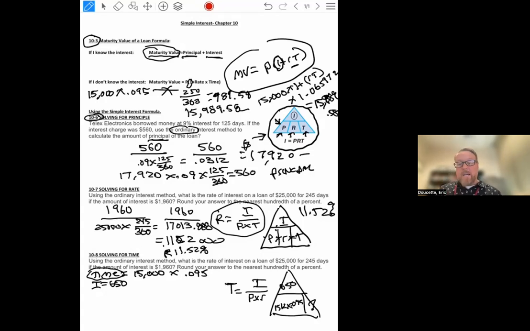So we're going to do this 15,000 by 0.095. That comes out to 1,425. And I'm going to divide that into my interest. And that comes out to, when I divide those together, 0.45614.